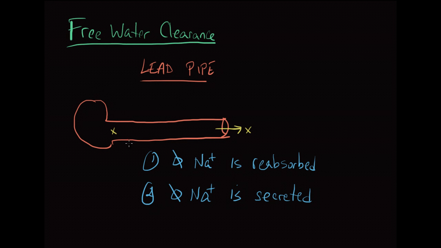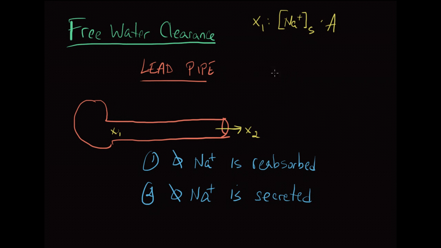So if we know that the sodium at this point is equal to the sodium at this point, let's try to mathematically define the sodium at these 2 points. So we'll call this point 1 and we'll call this point 2. And so let's go up here and let's talk about point 1. So the sodium at point 1 is going to be the concentration of sodium in the serum times the amount of fluid that crosses the membrane.